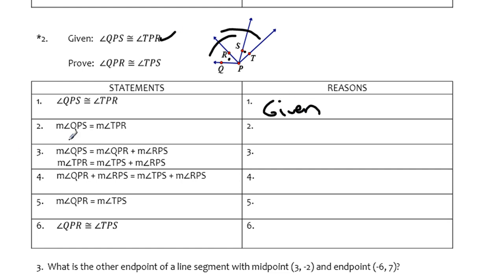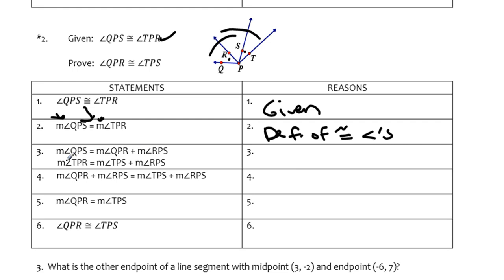Here we have the measure of angle QPS is equal to the measure of TPR. And all that's happened is our congruent sign turned into an equal sign and the m showed up. So all we've done is define congruency, and that says that congruent angles have equal measures. That's the definition of congruent angles.